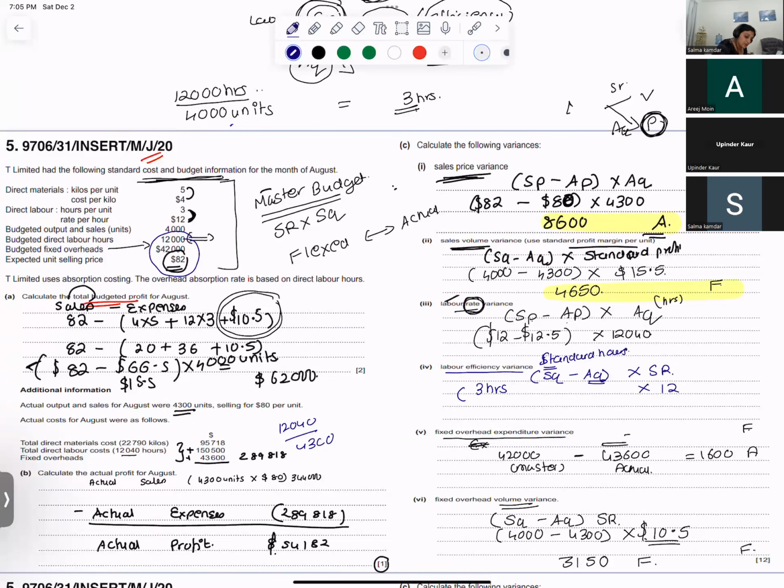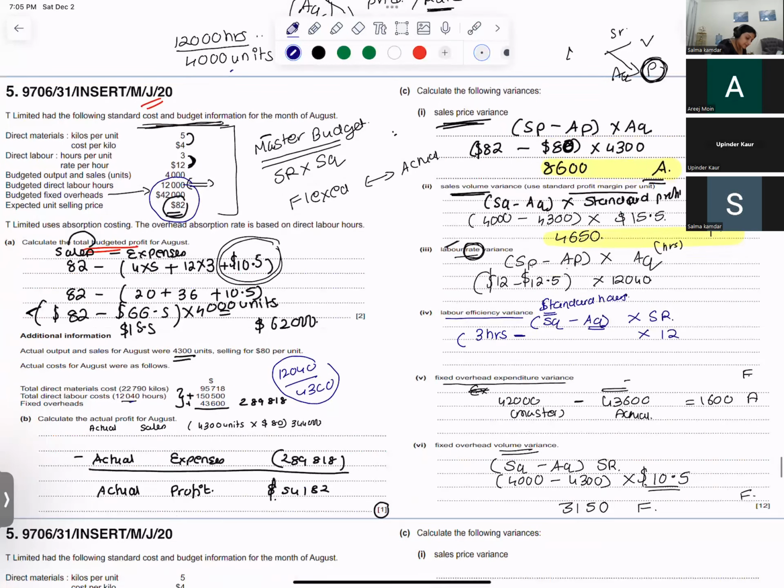What is your actual hours? Actual hours is 12,040 divided by 4,300. 2.8. Your actual hours is 2.8 hours.